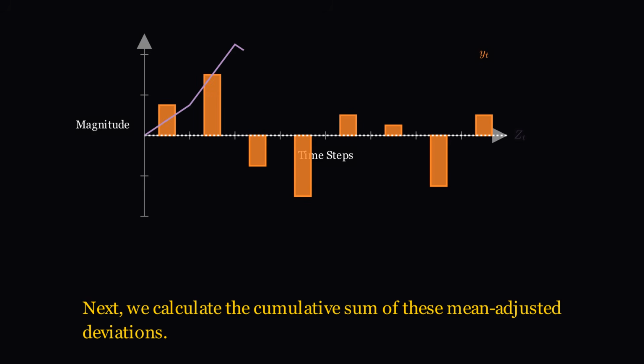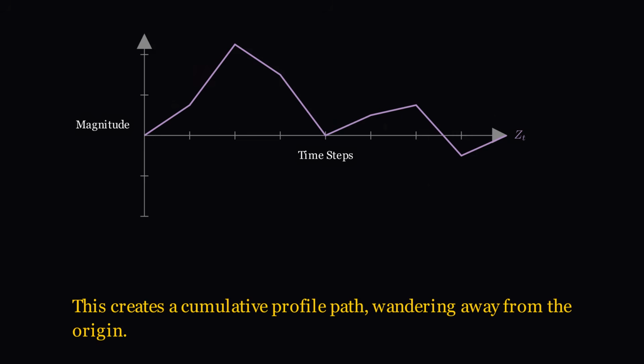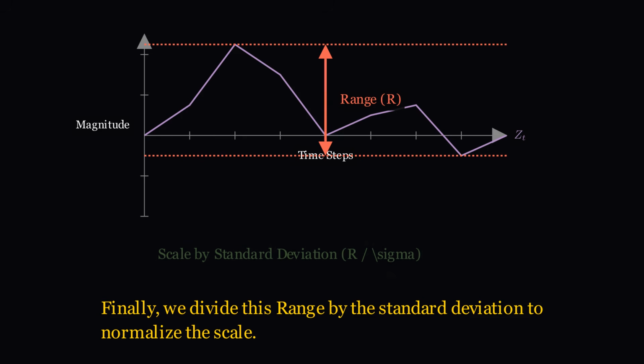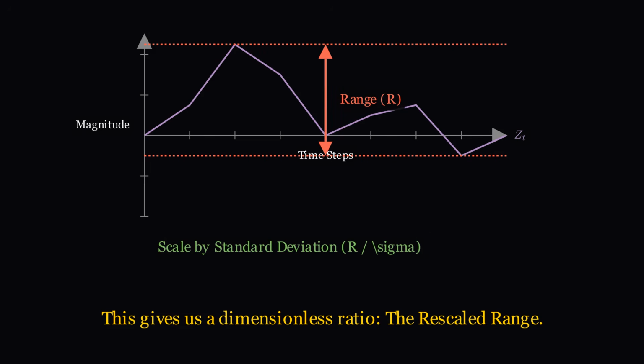Next, we calculate the cumulative sum of these mean-adjusted deviations. This creates a cumulative profile path, wandering away from the origin. The absolute distance between the highest peak and the lowest trough is our range. Finally, we divide this range by the standard deviation to normalize the scale. This gives us a dimensionless ratio, the Rescaled range.